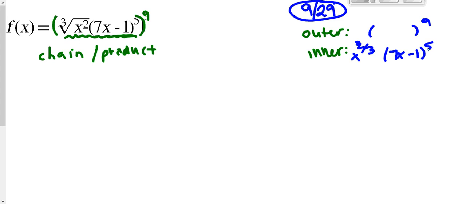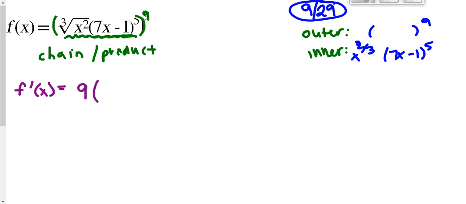Okay, so now we'll actually take the derivative of this now that we've found all the parts. The outermost thing is the power, so we're going to have to use the chain rule. For the chain rule, we do d outer.